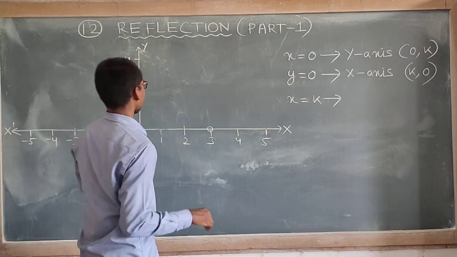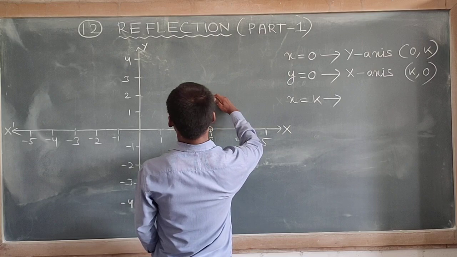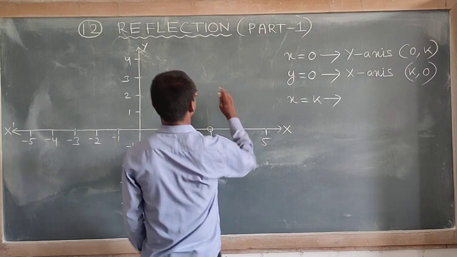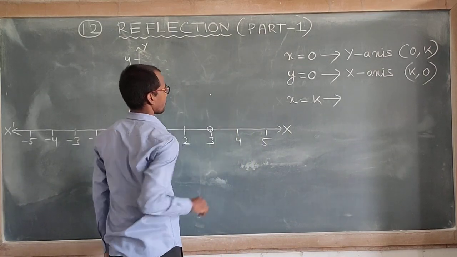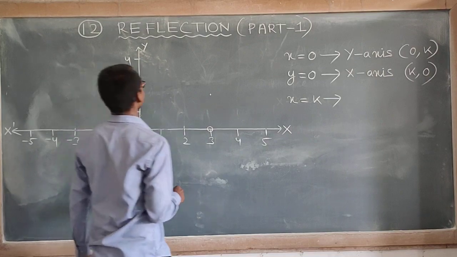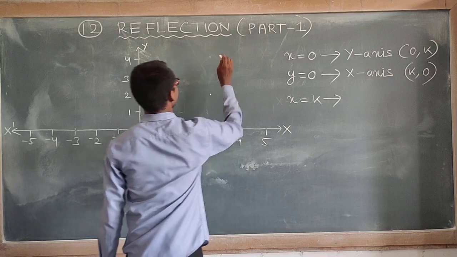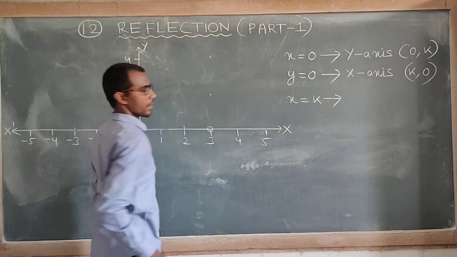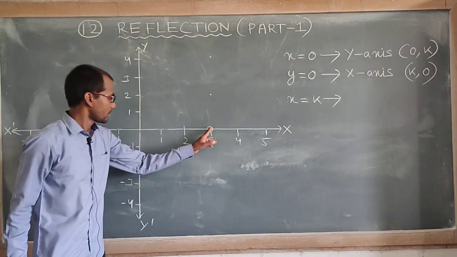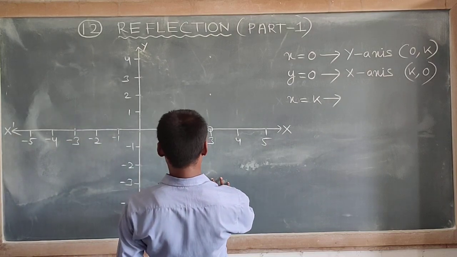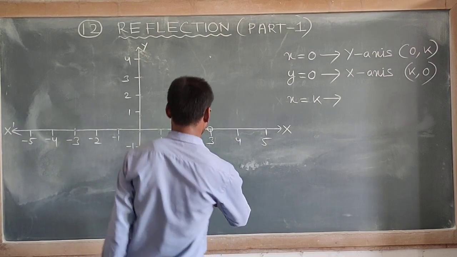Then (3, 2), here. Next (3, 4), here. (3, -3), here.